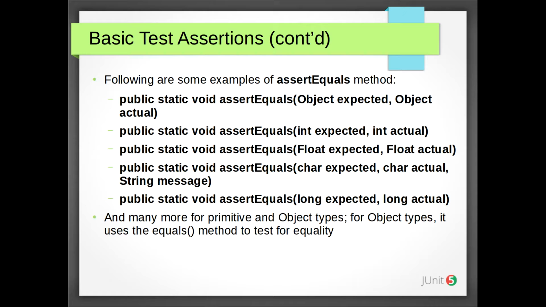Public static void assertEquals object expected, object actual. Public static void assertEquals int expected, int actual.